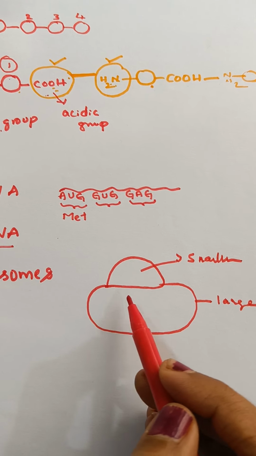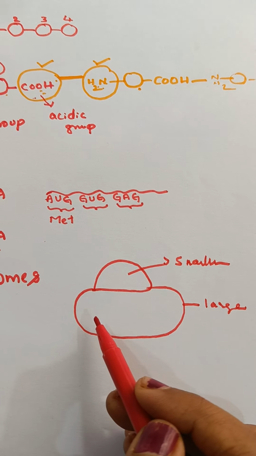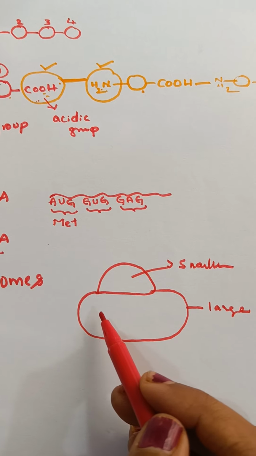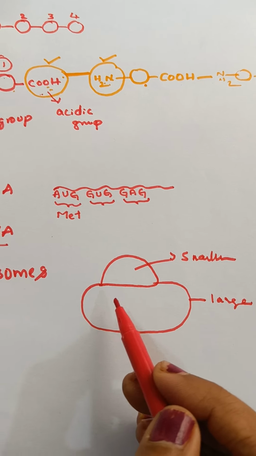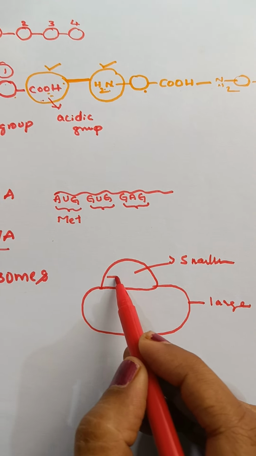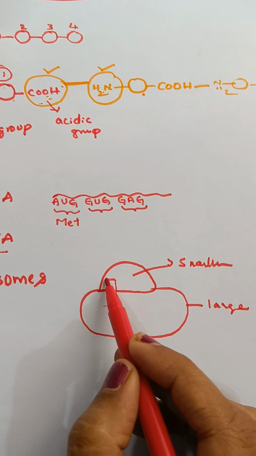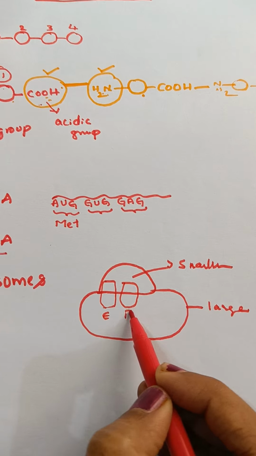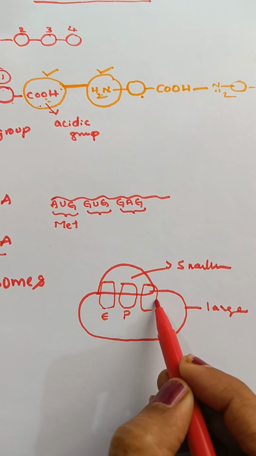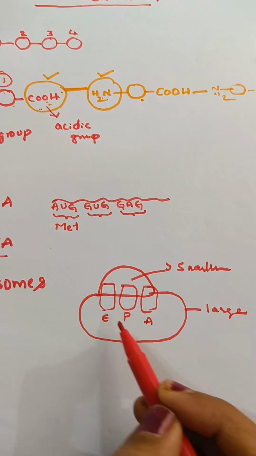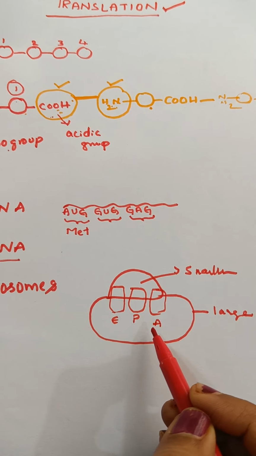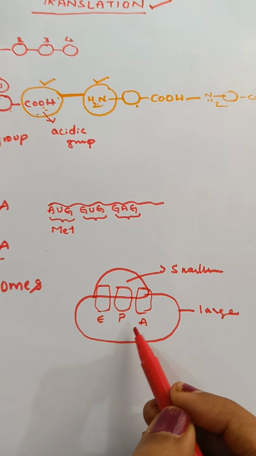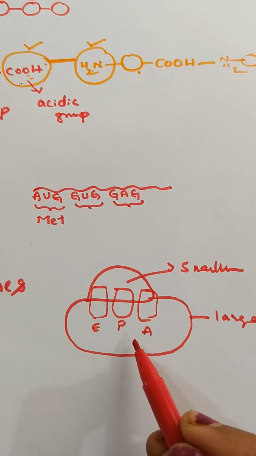We can see three important regions or locations in each of these ribosomes. We call them the E site, P site and the A site. These are the three regions which are important to be discussed under this translation.